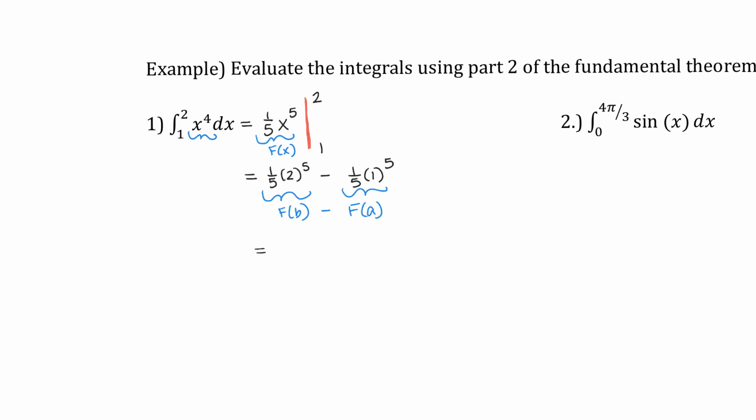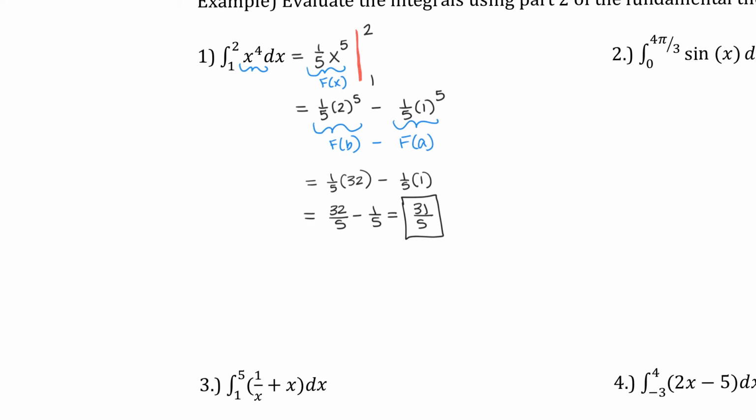All right, so now we can evaluate. I will have 1/5 times 2 to the 5th, which is 32, minus 1/5 times 1 to the 5th, which is 1. I have 32/5 minus a fifth, which is 31/5. So if we were to draw this picture, the function x to the 4th kind of looks like a quadratic, but it's skinnier.